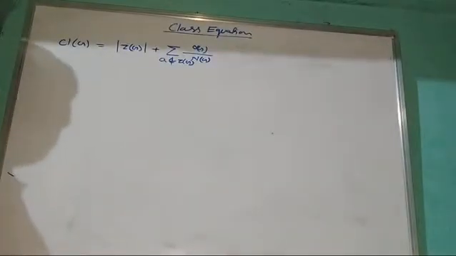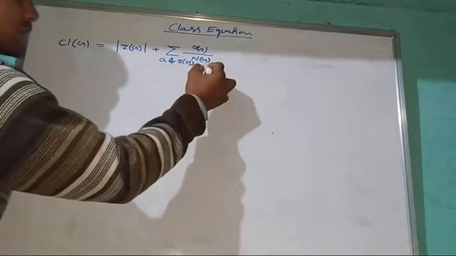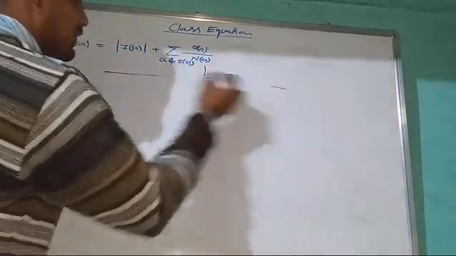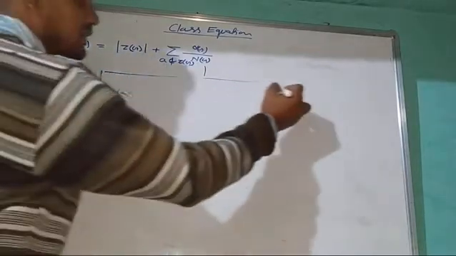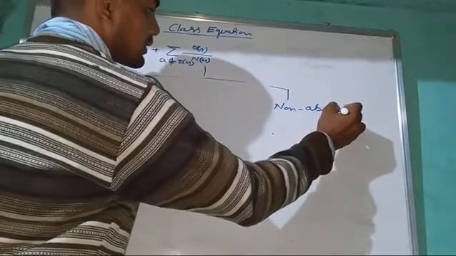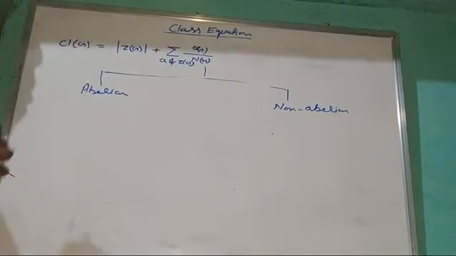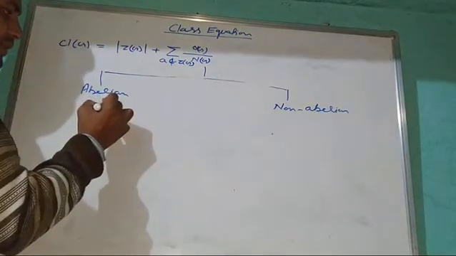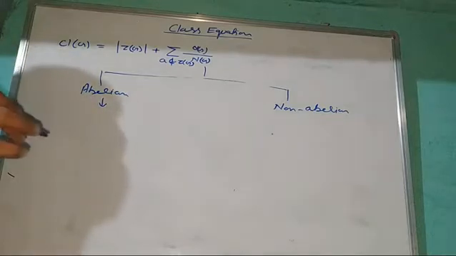Basically we have two cases. One case is the group is abelian, and the other case is the group is non-abelian. If the group is abelian, then we know that every element of the group is self-conjugate.